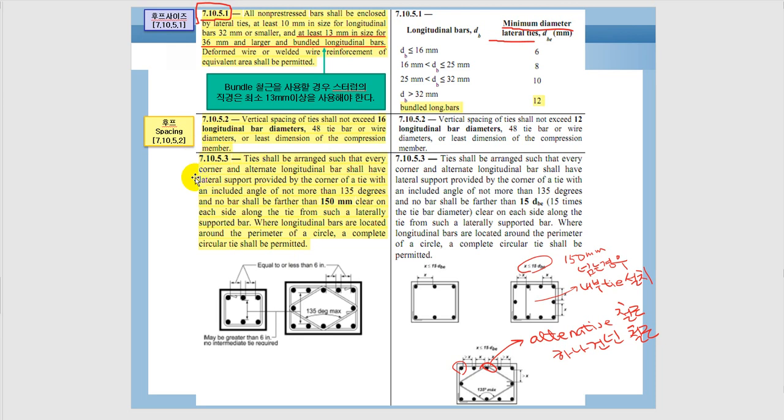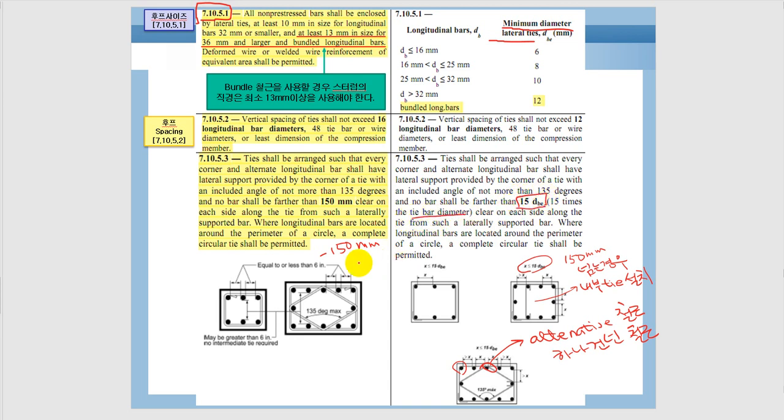So what this section tries to say to you is that, first, you cannot exceed a clear distance between the bars of more than 6 inches, which is 150 millimeter, or some say 15 tie bar diameters.